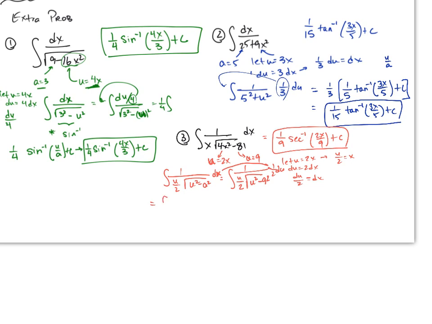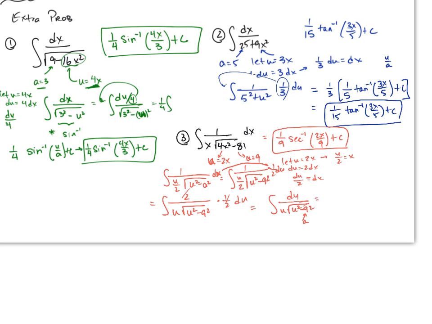So we end up with the integral of 2. I'm going to move that to the top there. And then I'll have a u, root u squared minus 9 squared times the 1/2 du. These will reduce. You end up with the integral of du over, and here's where you look to recognize it, u squared minus 9 squared, which is your a squared.